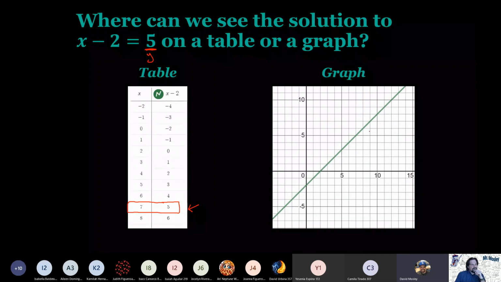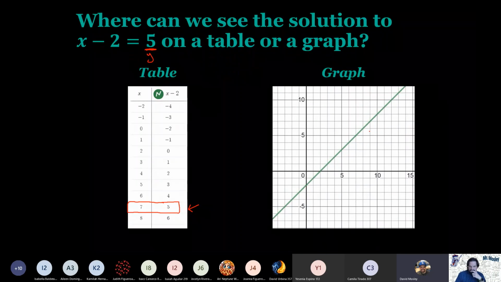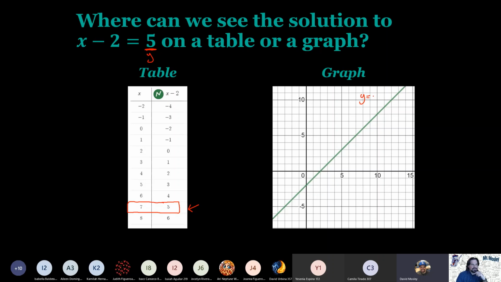All right. Now, if we're looking at a graph, right, how do we use the graph to find the solution? This is the graph for the line, y equals x minus 2. That's what this green line down our graph is. So if I'm just looking at the graph here, and I want to know, okay, where does x minus 2, where does this line equal 5?